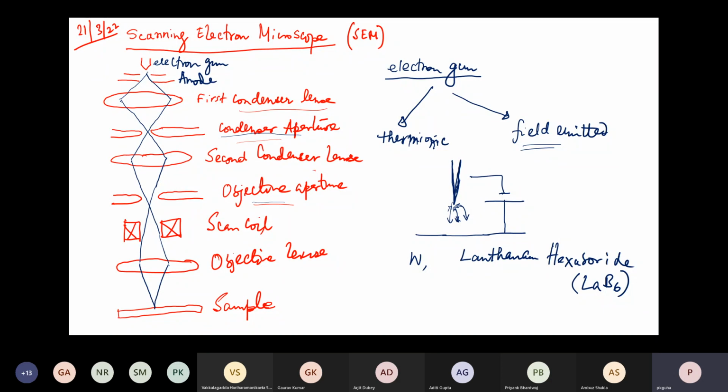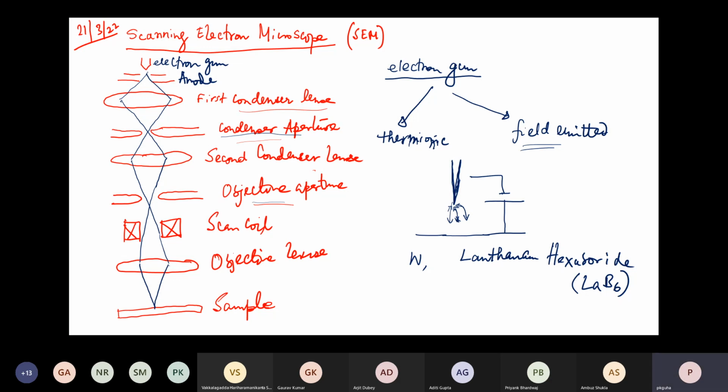The purpose of the lens is to bring those electrons closer to the axis, right? And the purpose of the aperture is to reduce the amount of electron beam which is interacting with the lens. If the electron beam diverges more, then the aperture will block them from reaching the lens, so that it can avoid aberration.